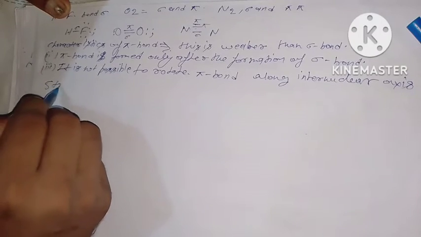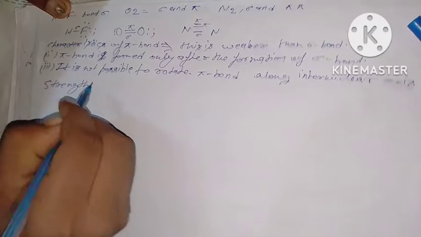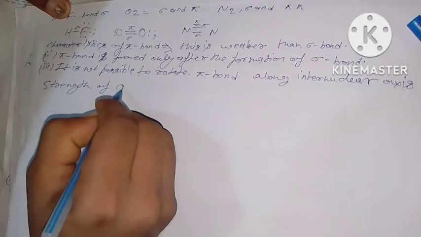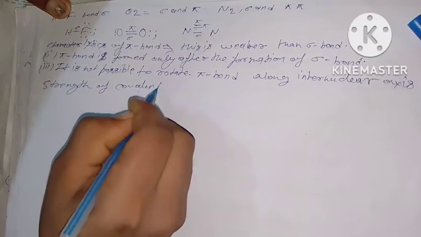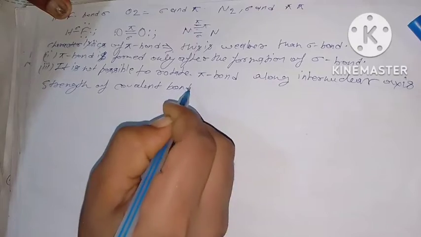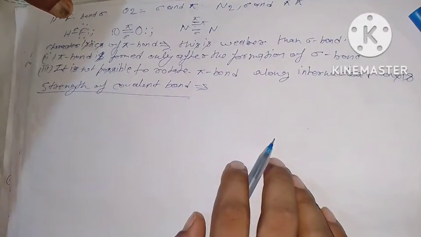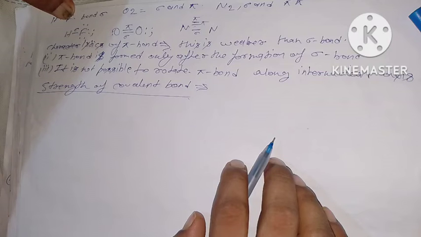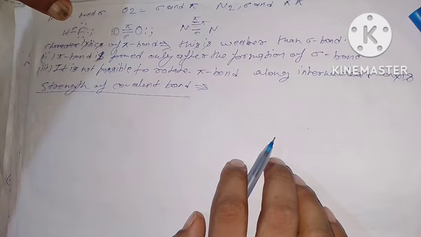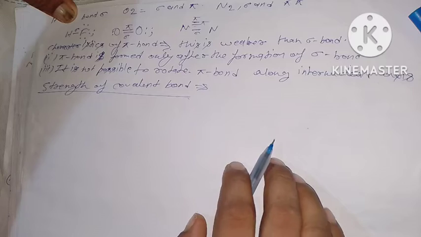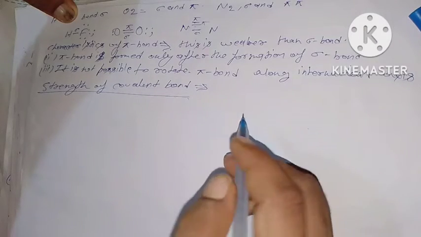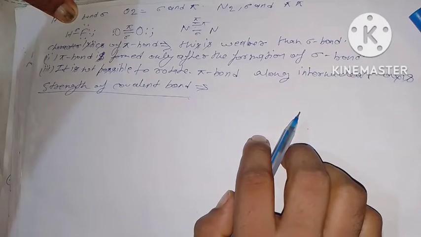Next heading, strength of covalent bond. The strength of a covalent bond depends upon the type of overlapping. When the overlapping of orbitals occurs on one axis only, the bond formed is a sigma bond.